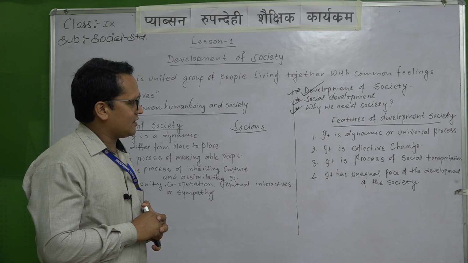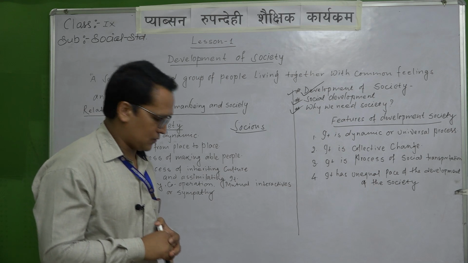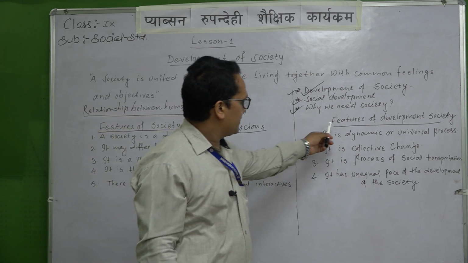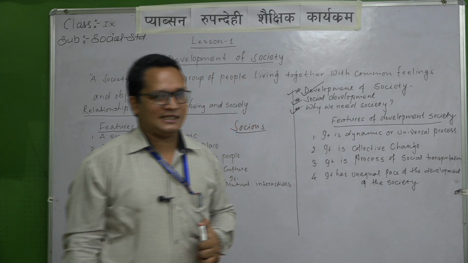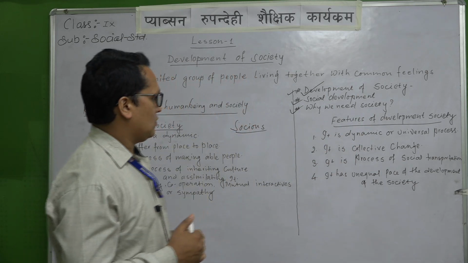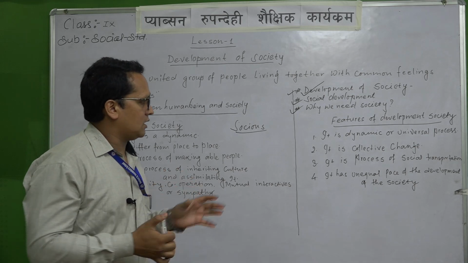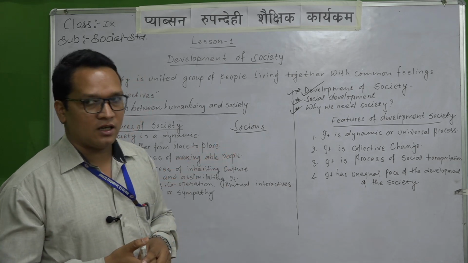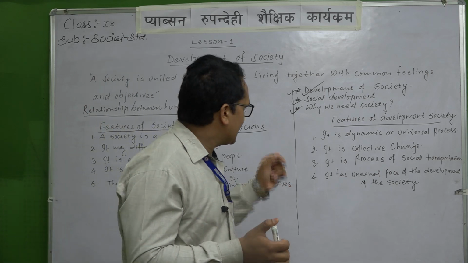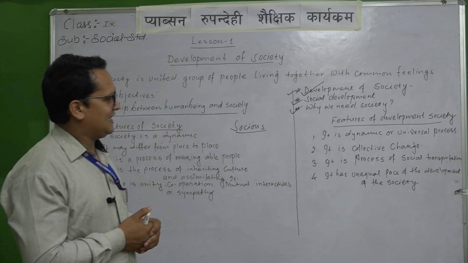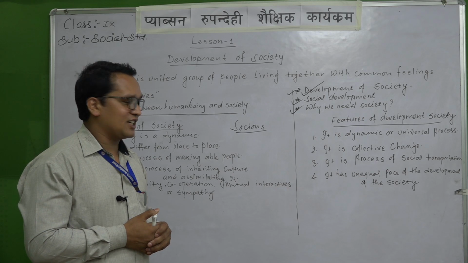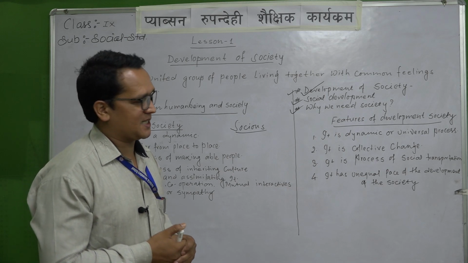Now, features of a developed society. You can see on the board the features of a developed society, the special features of the development of society. Point number 1: it is a dynamic or universal process.